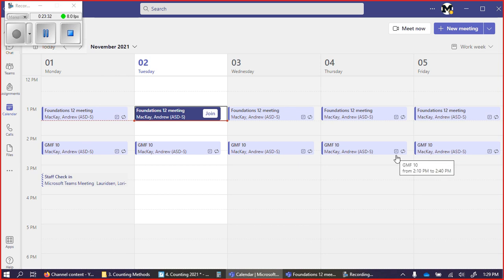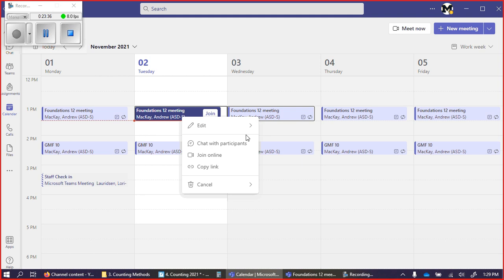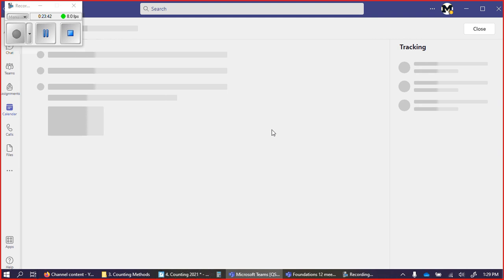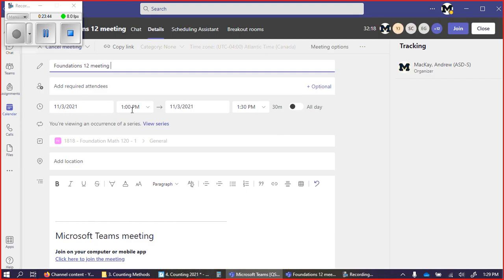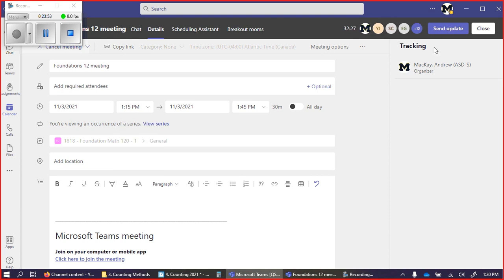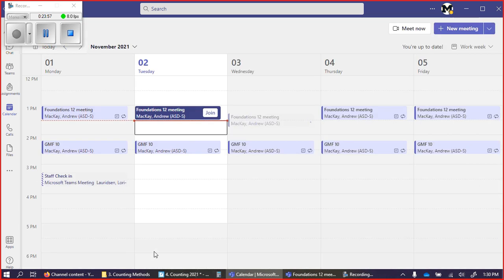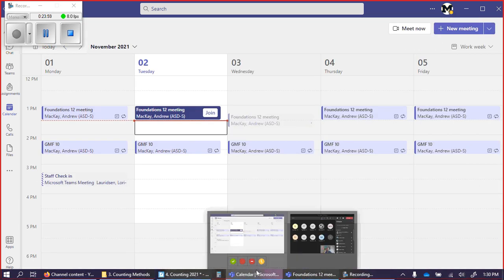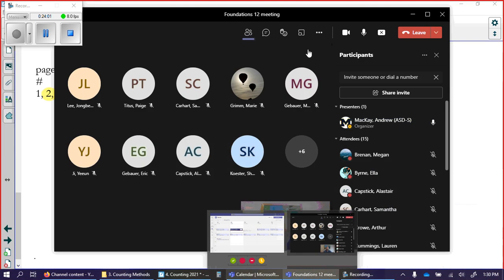Oh, before I forget, tomorrow I have to reschedule this one. It'll still be within that 1 to 2 hour. I just want to edit that occurrence. I'm going to push this back to 1:15 if that's okay with everyone, because I scheduled my 3rd dose because I got AstraZeneca and I'm one of these trial pigeons.